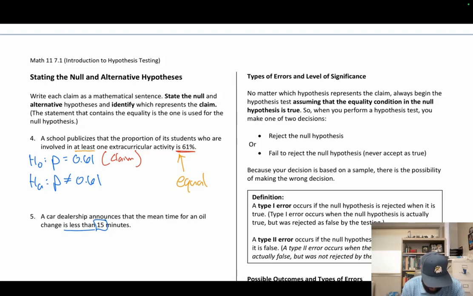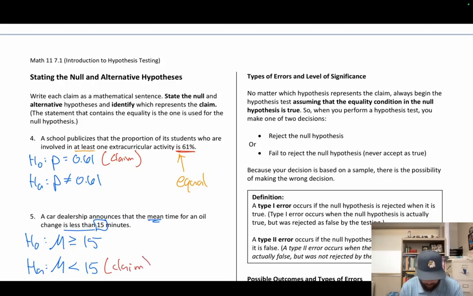So strictly less than, remember, is the alternative hypothesis, and we're looking at a mean this time, so it's going to be mean less than 15. And then our null hypothesis is the opposite of that, so it's going to be greater than or equal to 15. And now our alternative hypothesis is our claim, because that was the strictly less than 15 minutes.